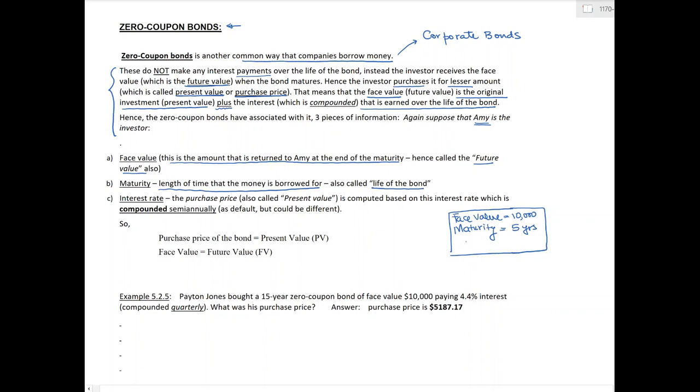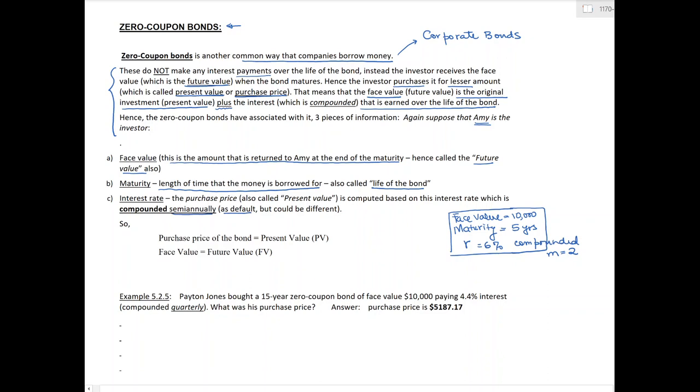Then there is an interest rate R, and that is given, let's suppose 6%, and it's compounded M times. M is normally 2 unless the question mentions it. So the default is semi-annual.